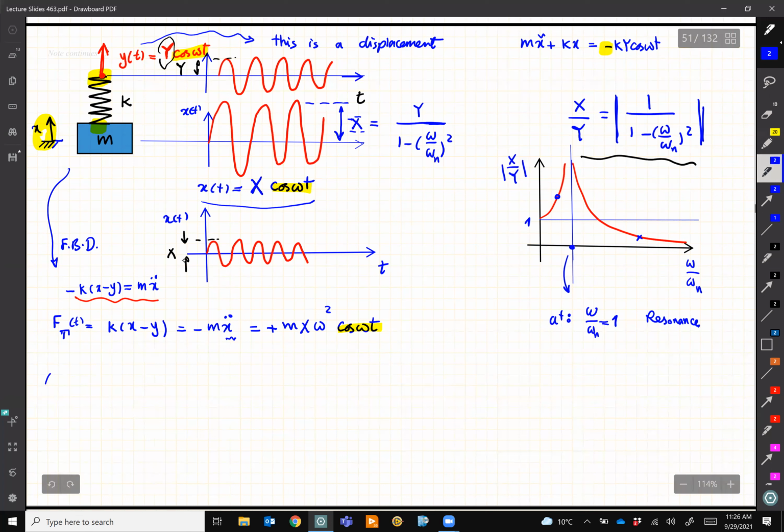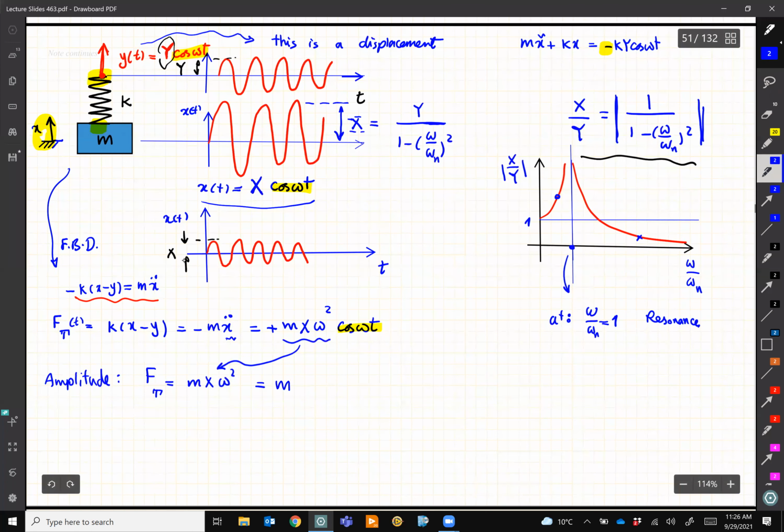So the amplitude, or the magnitude, whatever you want to call it, of Ft is just this portion of it, m x omega squared. All right.